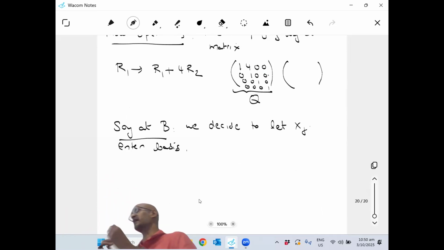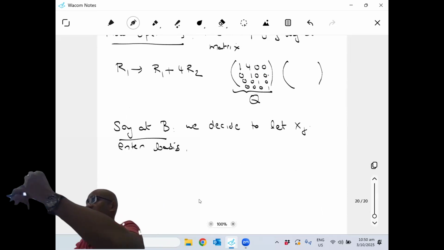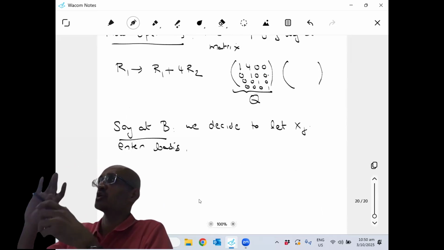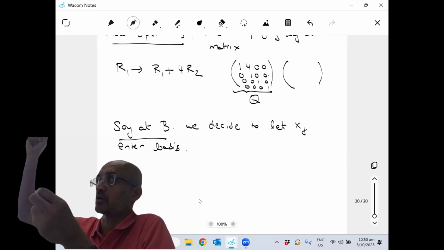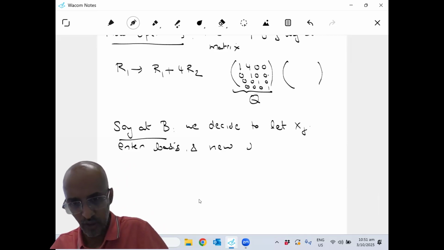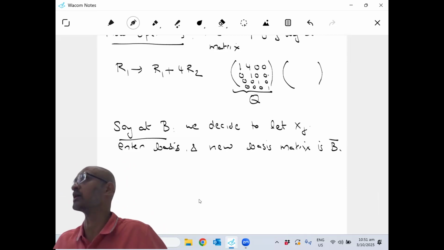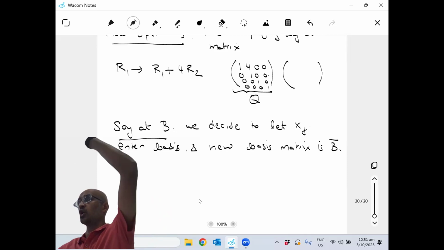So what is happening every time in Simplex? One basic variable is entering my basis and one basic variable is going out. So in my basis matrix, there's a swap of one vector basically. So my B bar is a new basis matrix.